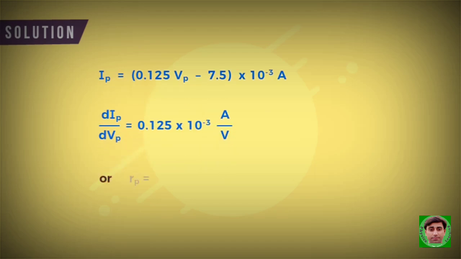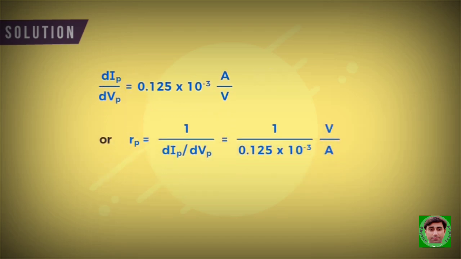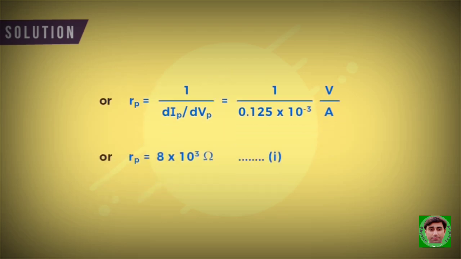Therefore, plate resistance Rp is equal to 1 divided by d Ip by d Vp, which is equal to 1 by 0.125 into 10 raised to power -3. That gives us Rp equal to 8 kilo ohm.